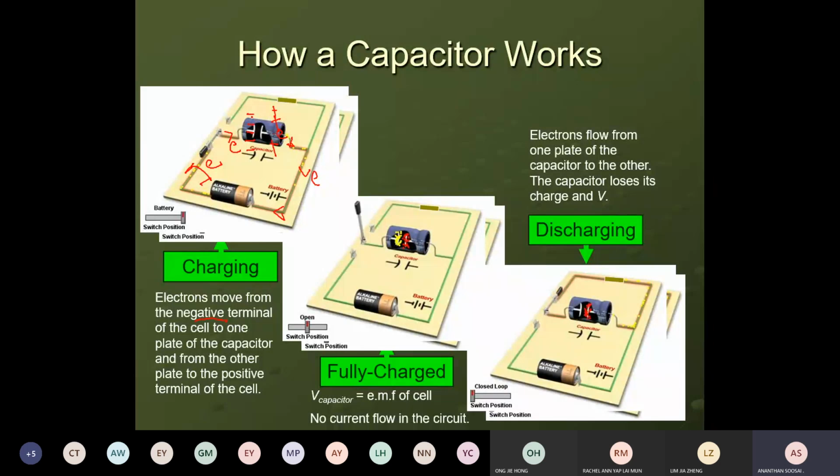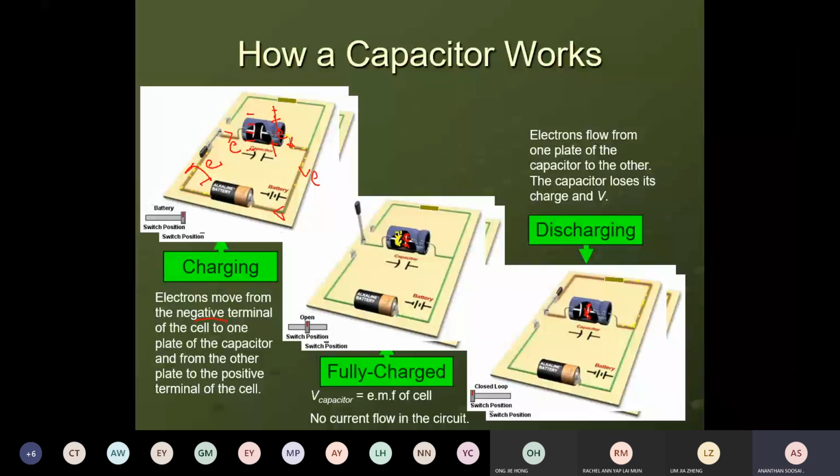The electrostatic force between the charges pushes the electrons in the right plate away from the capacitor, creating a positive polarity on the right plate. This causes the capacitor to start to charge, or store energy.